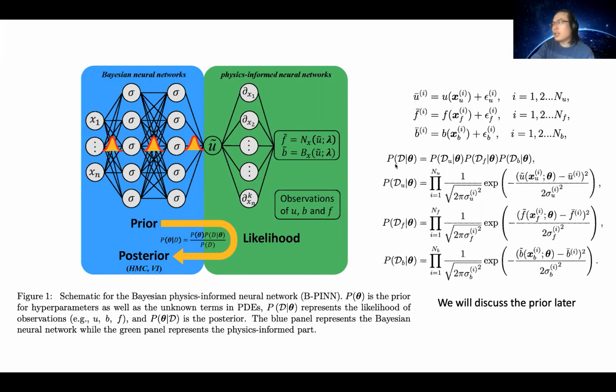So for the likelihood, conditioned on theta, which is the parameter of the neural network, the probability of observing the data is going to be the product of the probability of observing the data on U, the data on F, and the data on B, and each term is going to be a Gaussian, as we assume, because this is Gaussian noise. This is the likelihood.